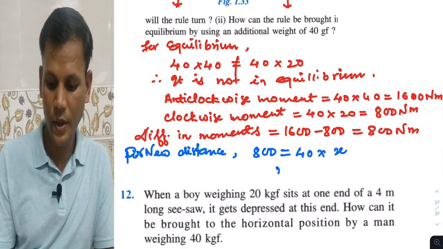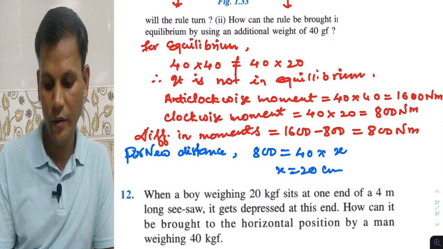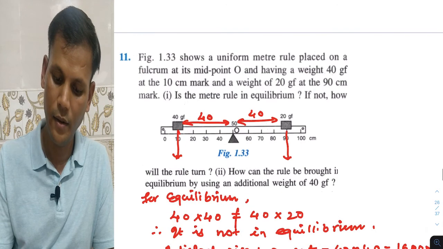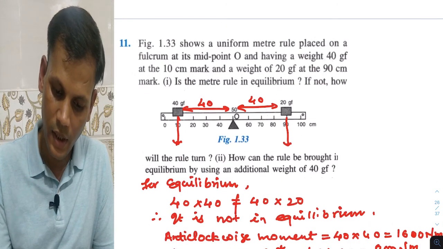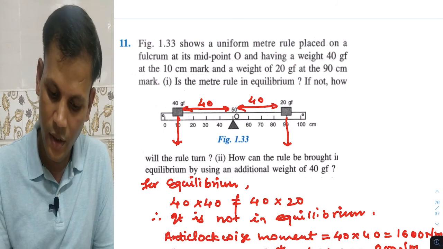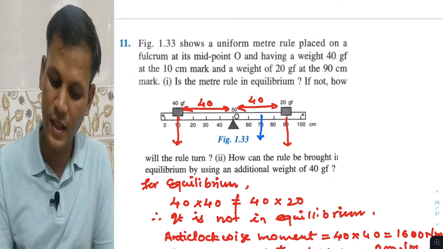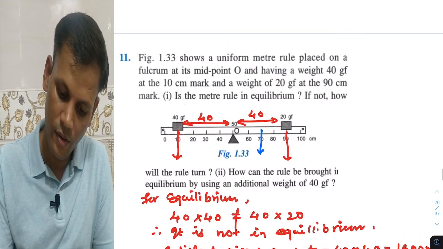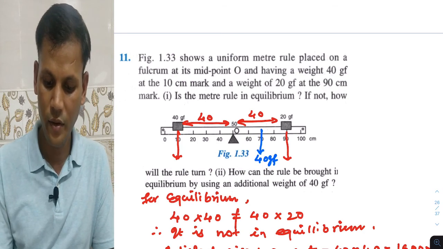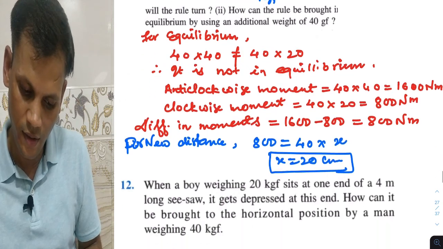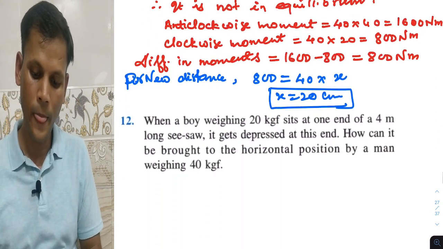So x will be 20 centimeter from the fulcrum to the right side. It is balanced at 50, so at the 70 centimeter mark we have to add the weight of 40 gram force. This distance is of course 20. So this part is clear, I think.